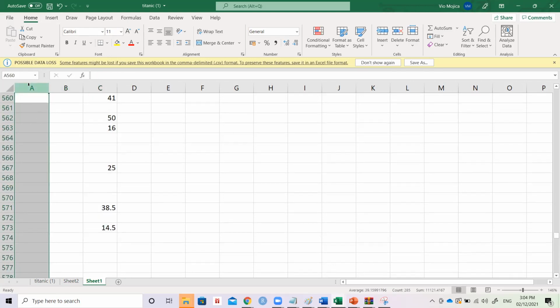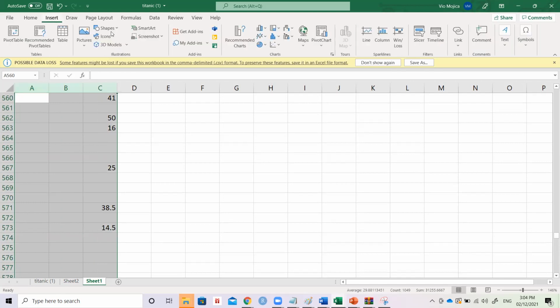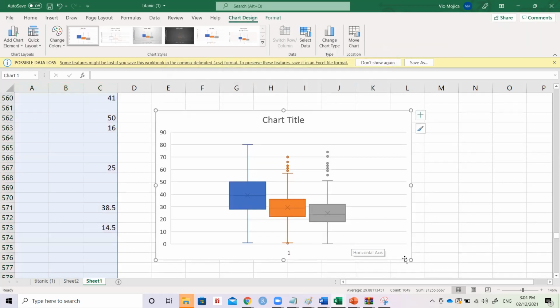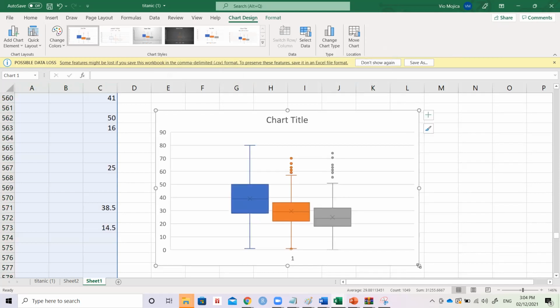We can use box plots to compare them. Recommended charts, all charts, box and whiskers. So here are the ages. As you can see, they're different.